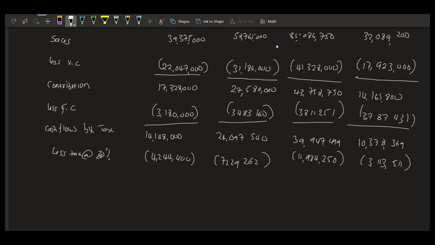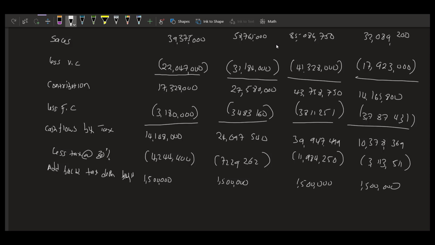And that's it. We add back the tax depreciation allowance benefit. It was 1.5 million we had calculated, for each of the four years.